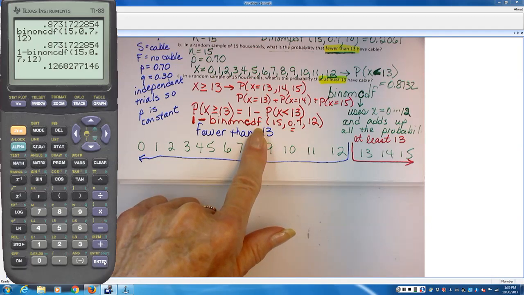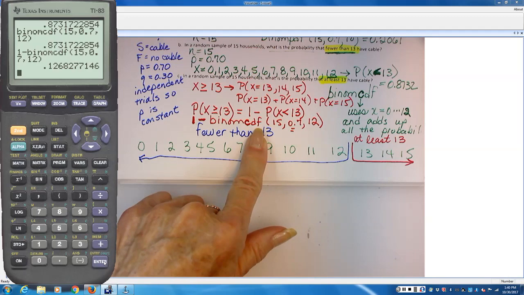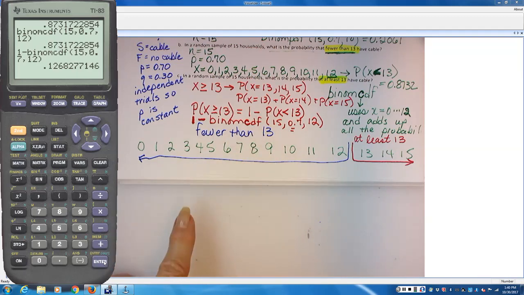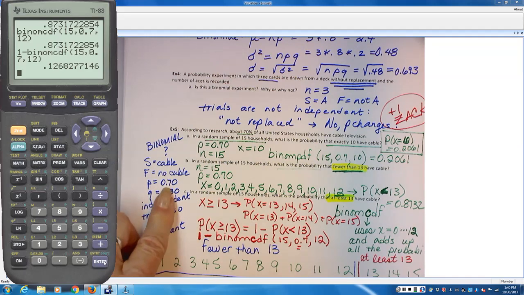What's the difference between F and Q? F is the actual failure. What do you consider failure in this case? It's a word. Okay, success in this case was has cable. Failure was no cable. Okay?